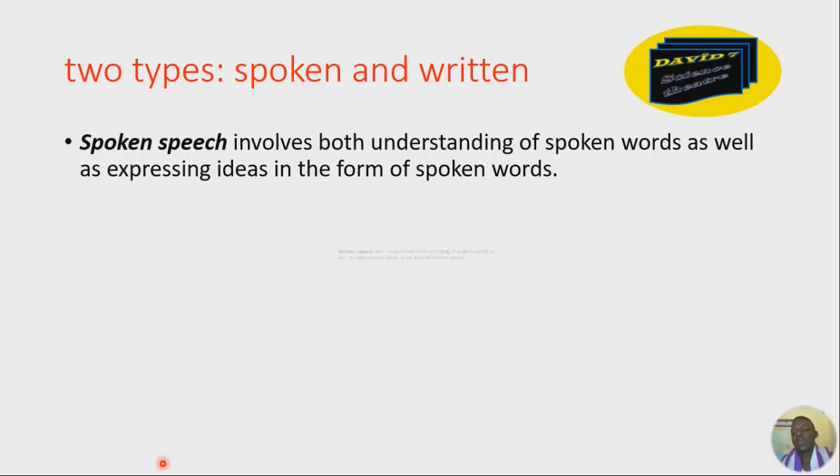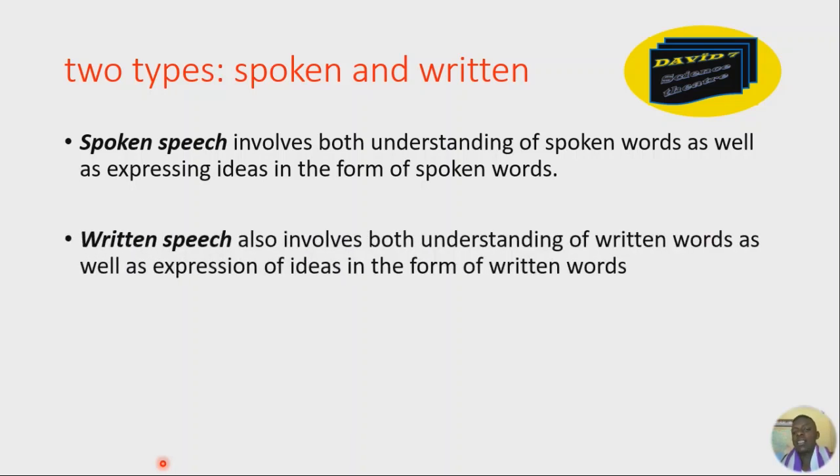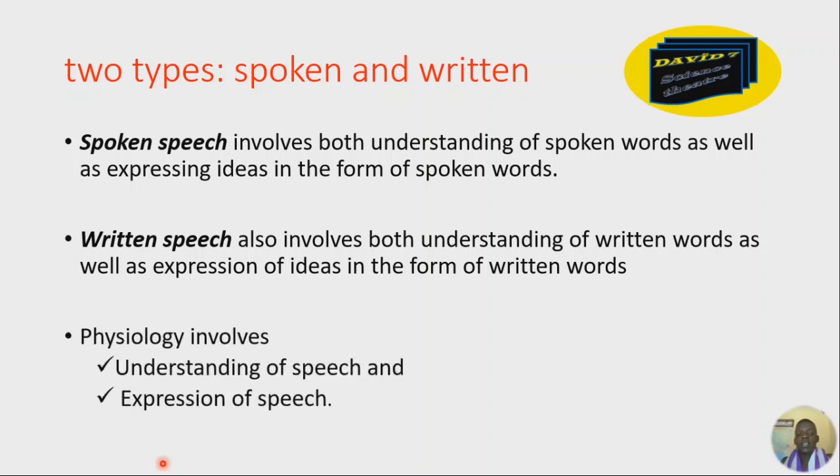In written speech, you understand written words and you express ideas in the form of written words. Recall we said speech involves understanding and expression. So in spoken speech, that is what occurs. So the physiology of speech involves understanding of speech and expression of speech.